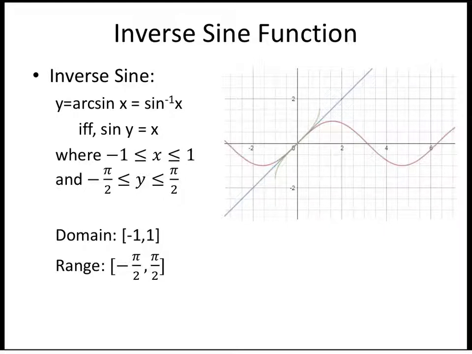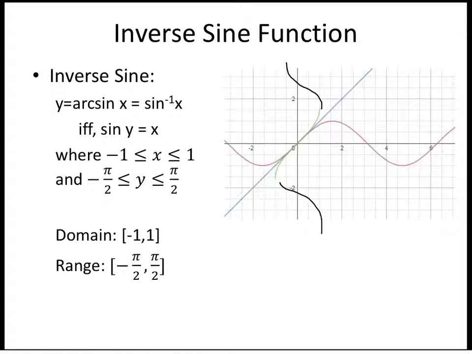Now, if you remember, the definition of an inverse is where we actually trade the domain and ranges between our two functions. Well, as we can see here, sine is a periodic function. It keeps repeating. So if I were to reflect that over the line y equals x and trade its domain for its range, I would get a function that kind of goes like this.